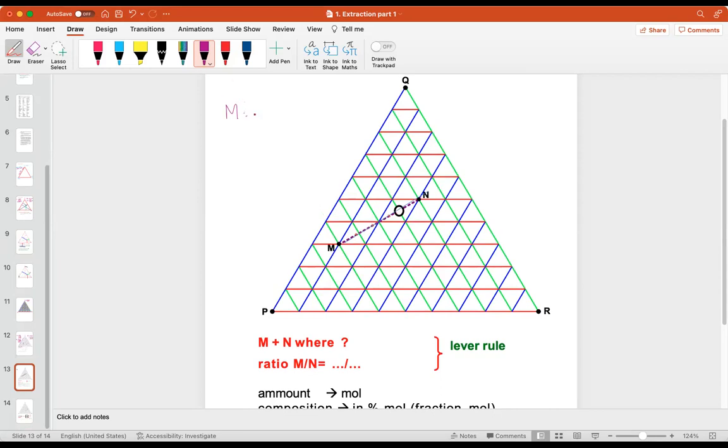So the M contains 60% of P, and the Q is around 30%, and the R is the remaining, 10%.